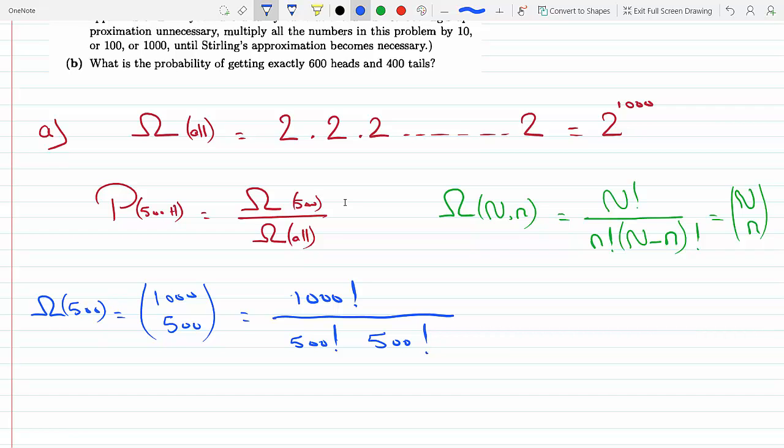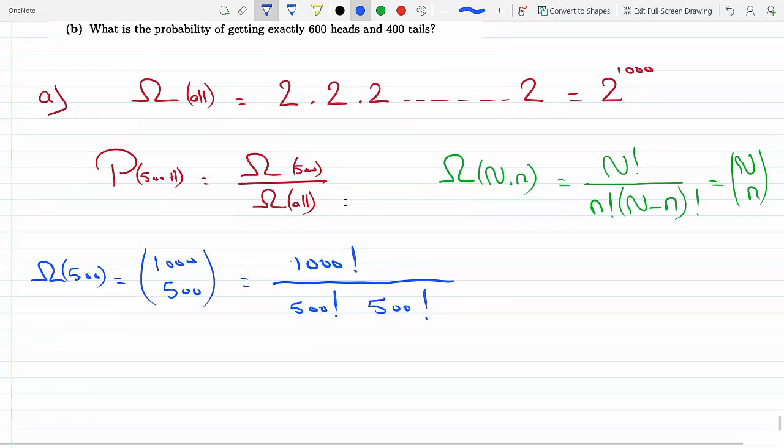Most calculators will not be able to do that, so here we will invoke Stirling's approximation.